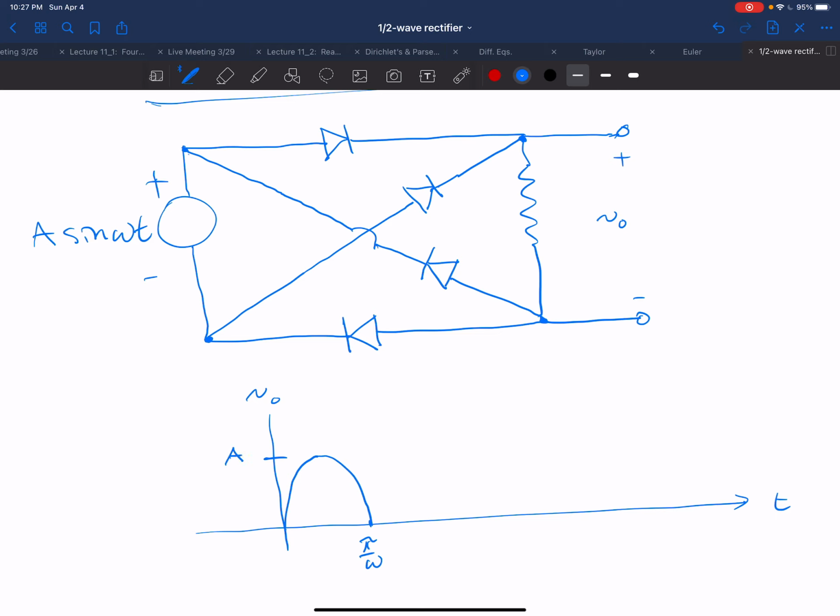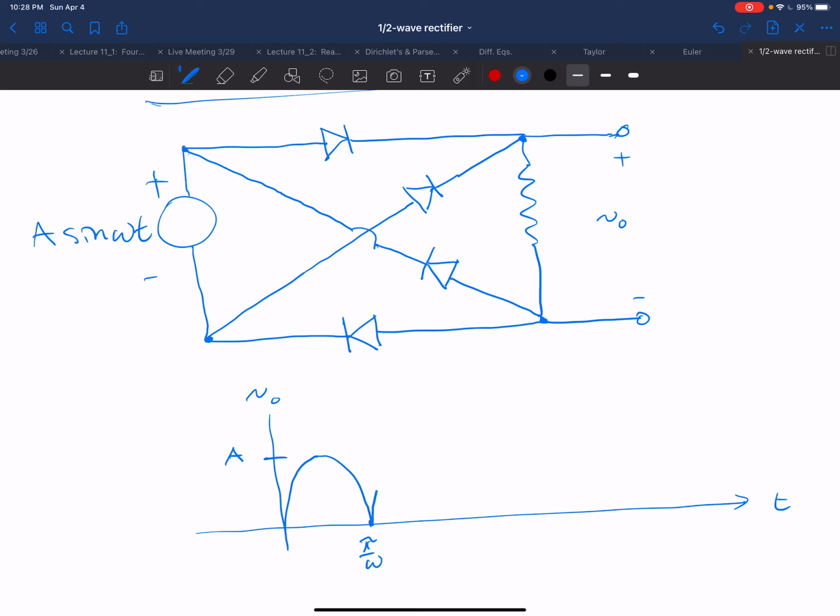But then when the input voltage goes negative, these diodes are essentially just going to shut off. They'll be biased in the wrong direction, so they just won't allow any current through. However, these two will. And because they crisscross like this, when the input voltage is negative, that will give us a positive voltage at the output.